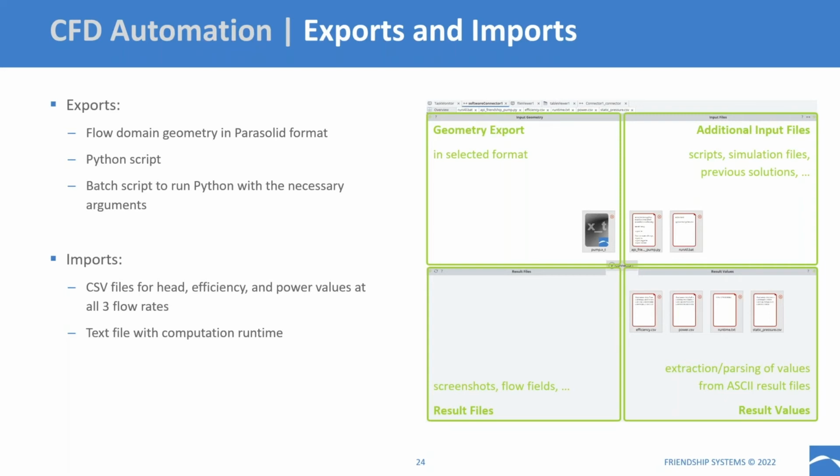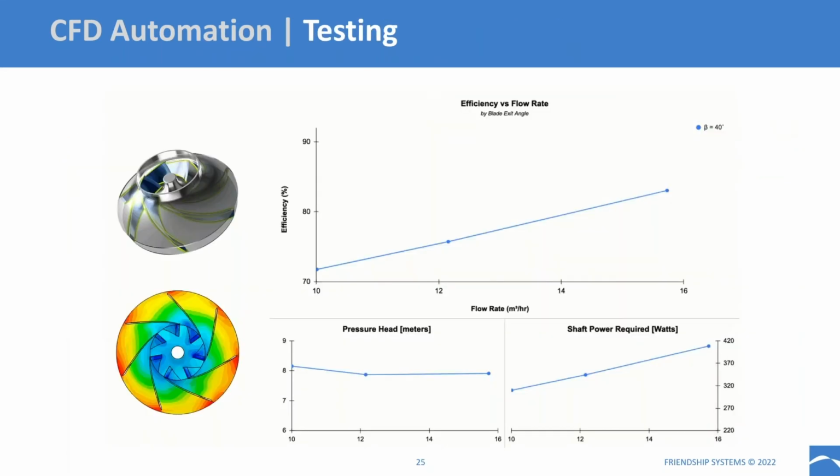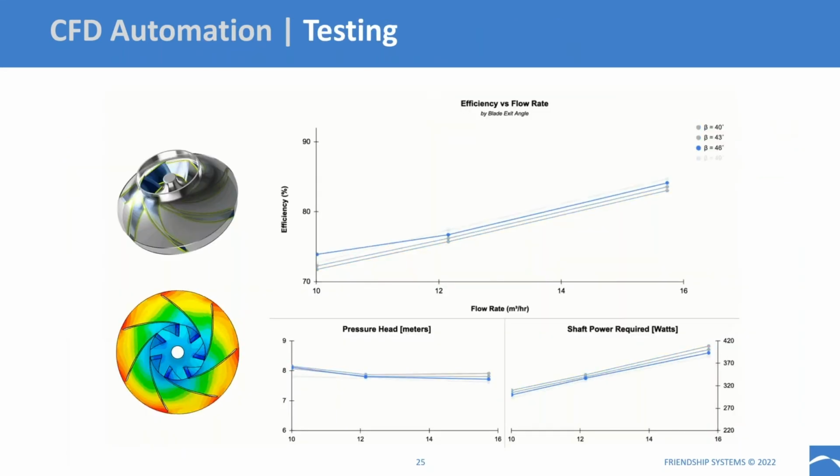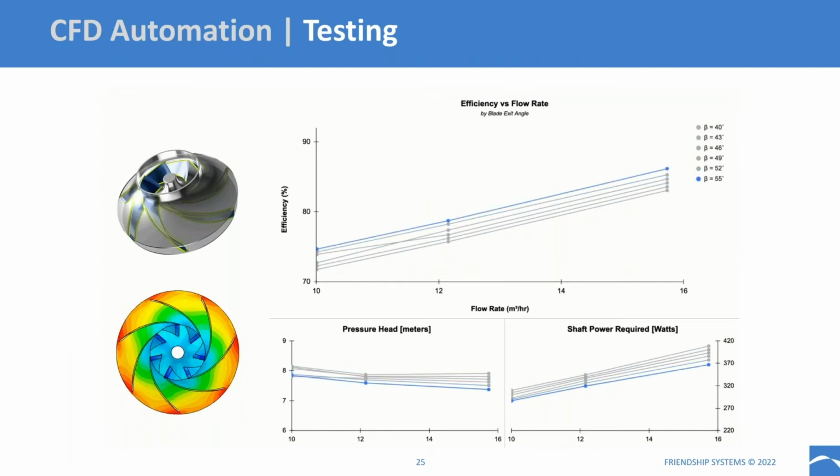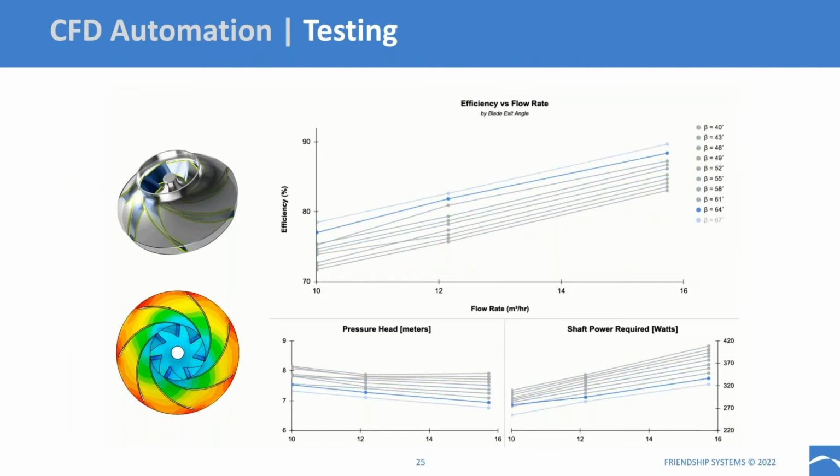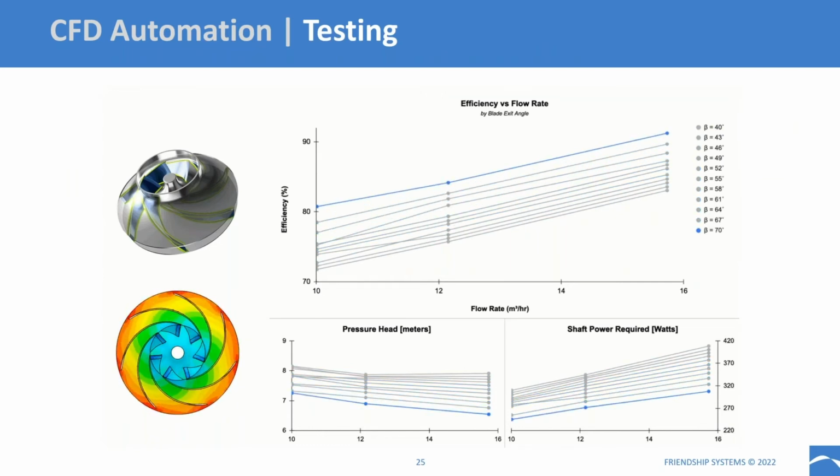And then we have an additional text file with the computation runtime that we used for a quick check of convergence. So once we've set up this connection, we can create geometry variants and automatically run them on the SimScale platform.